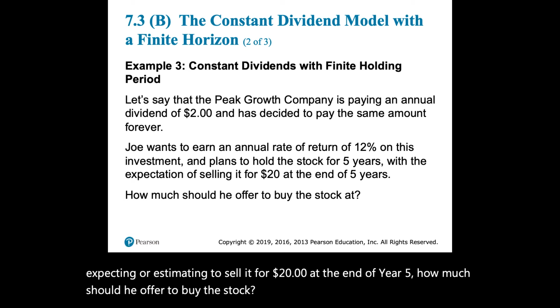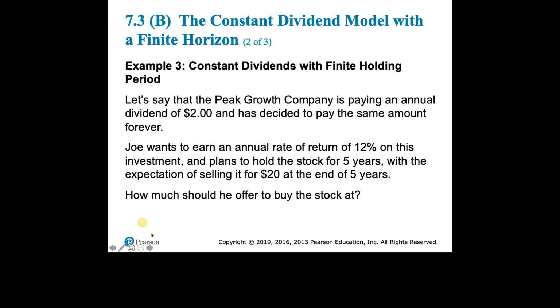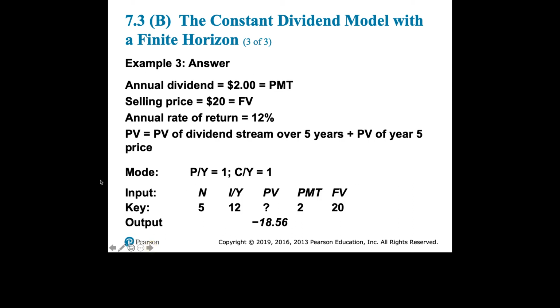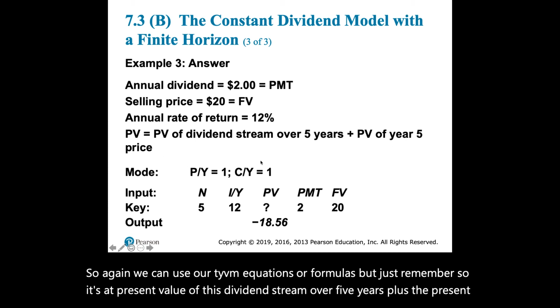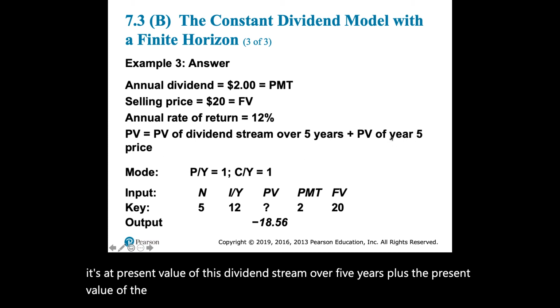So again, we can use our TVM equations or formulas, but just remember, it's the present value of the dividend stream over 5 years plus the present value of the price in year 5. So we have to move that money back to present value. And again, ultimately, we can use our formula.